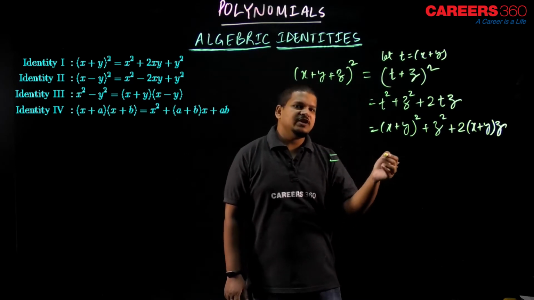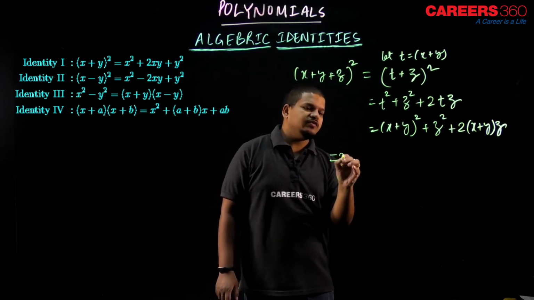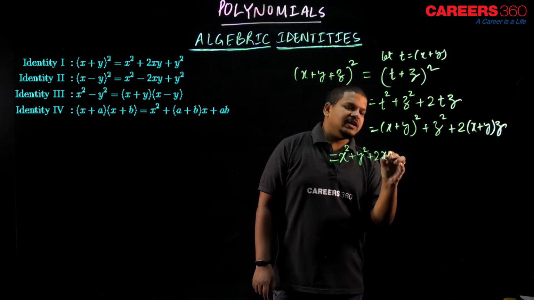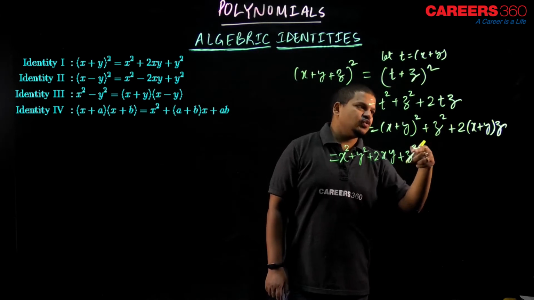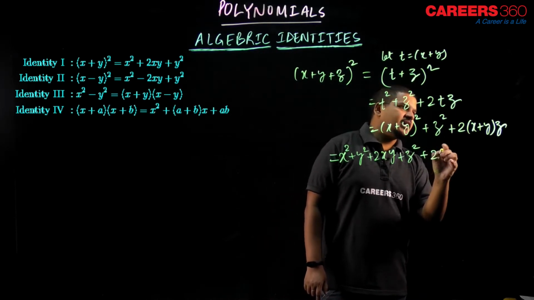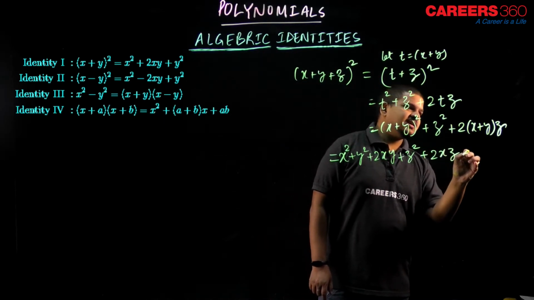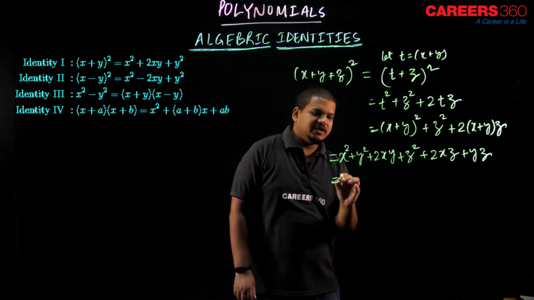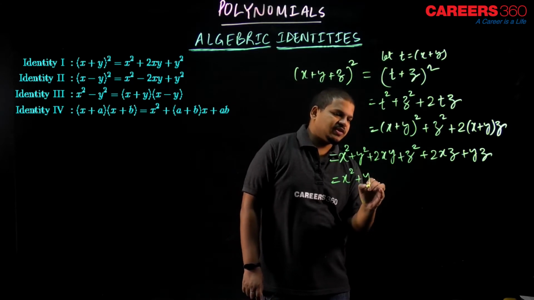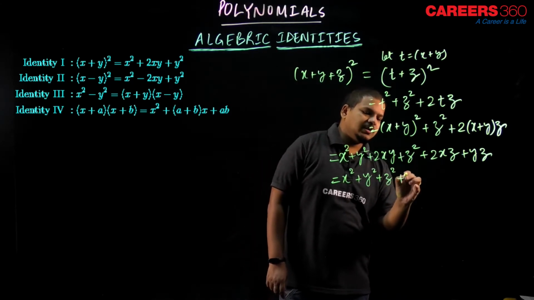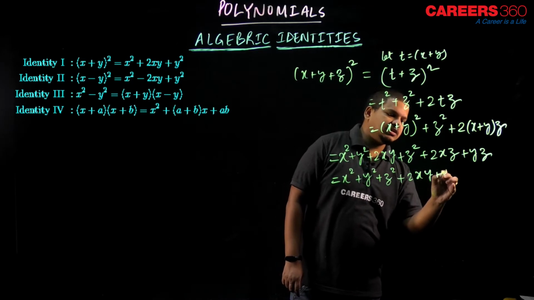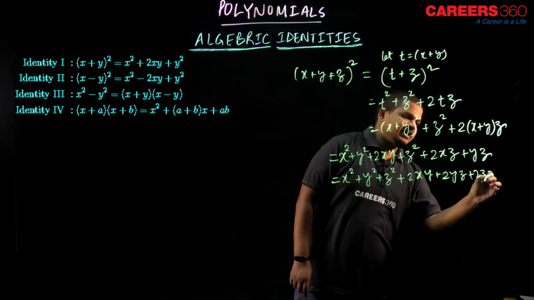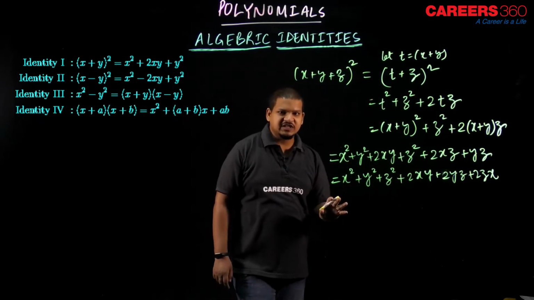This results in x square plus y square plus 2xy plus z square, and then 2, if I open the bracket, xz plus yz. If I rewrite this expression, I'll get x square plus y square plus z square plus 2xy plus 2yz plus 2zx. I hope it is making sense to you, right?